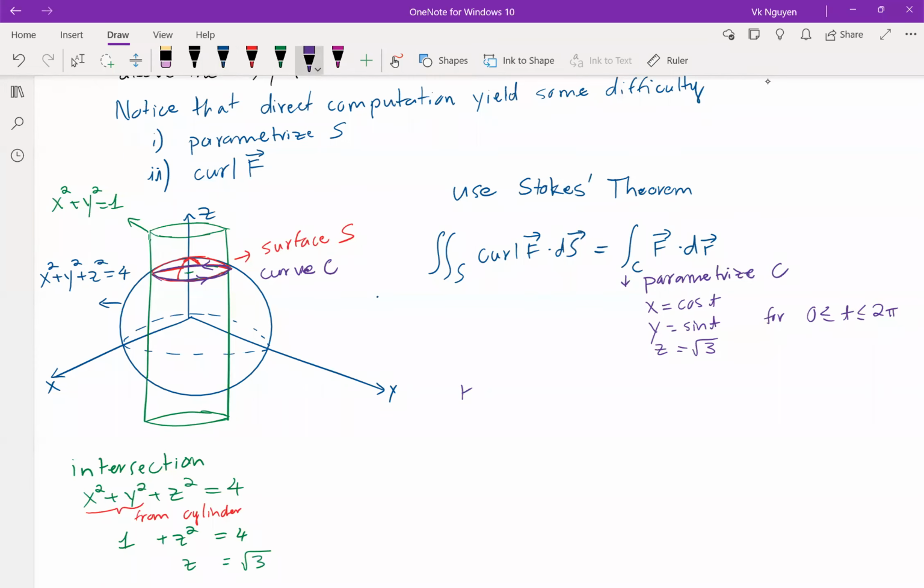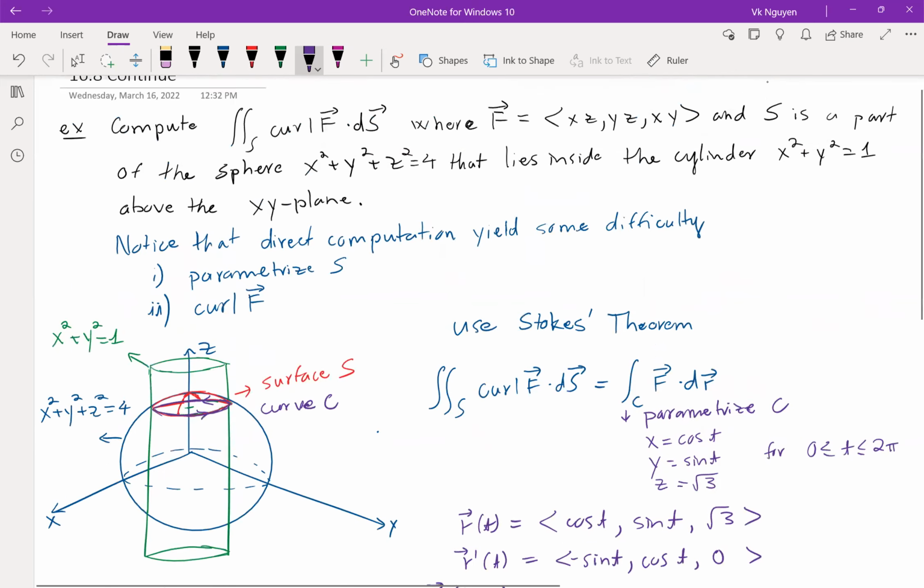So r(t) is cosine t, sine t, root 3, and r prime of t is negative sine t, cosine t, 0. And then F of r(t).